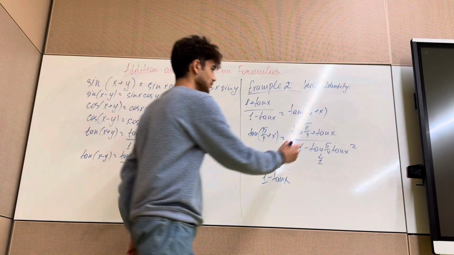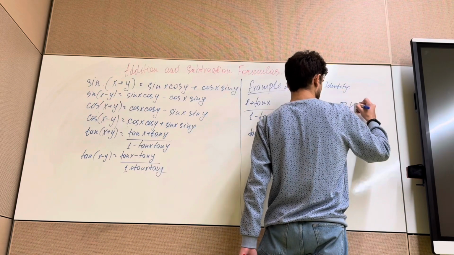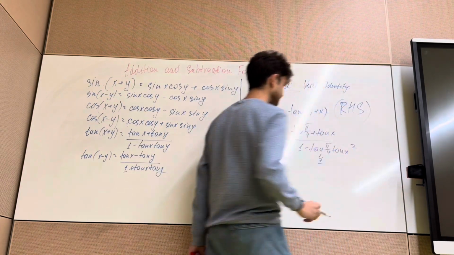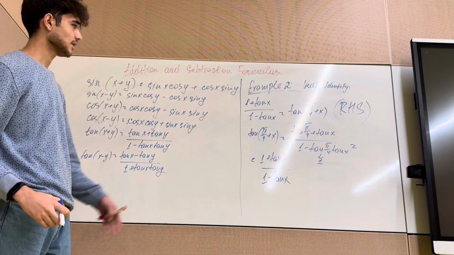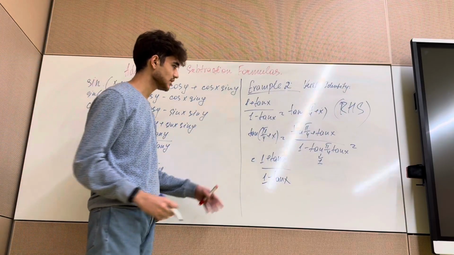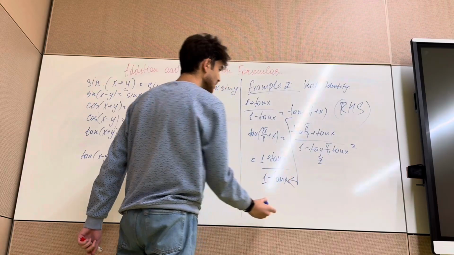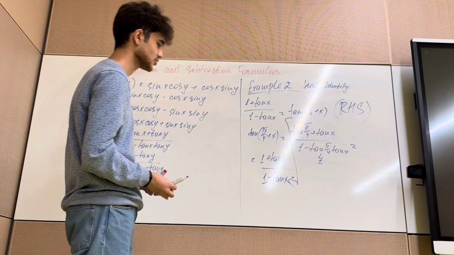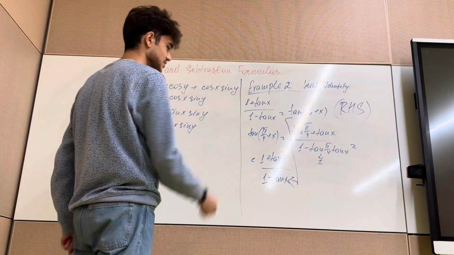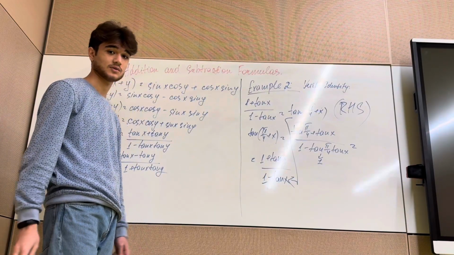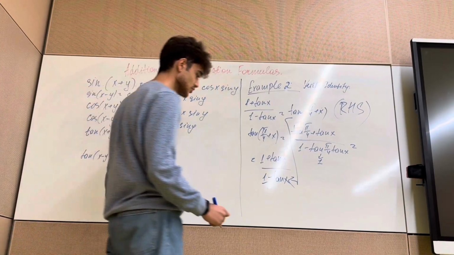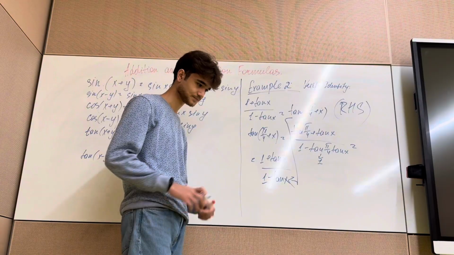And we solved it from the right-hand side. As we see, we get the right side equals this. Therefore, 1 plus tangent x over 1 minus tangent x equals 1 plus tangent x over 1 minus tangent x. And by doing so, we verify the identity.